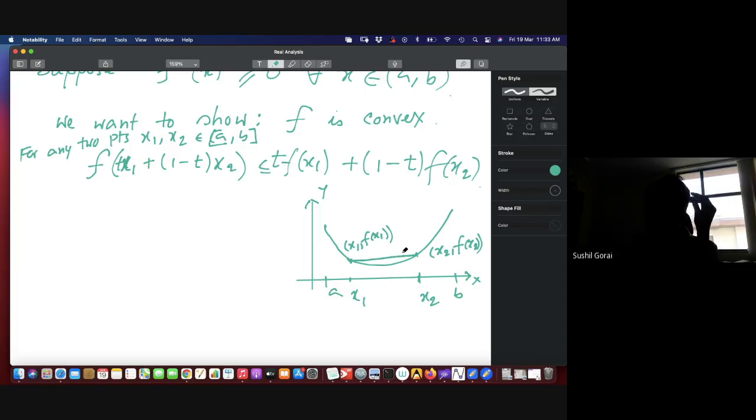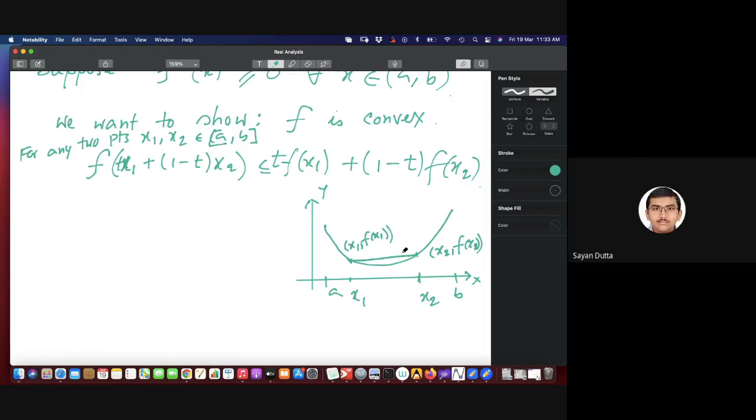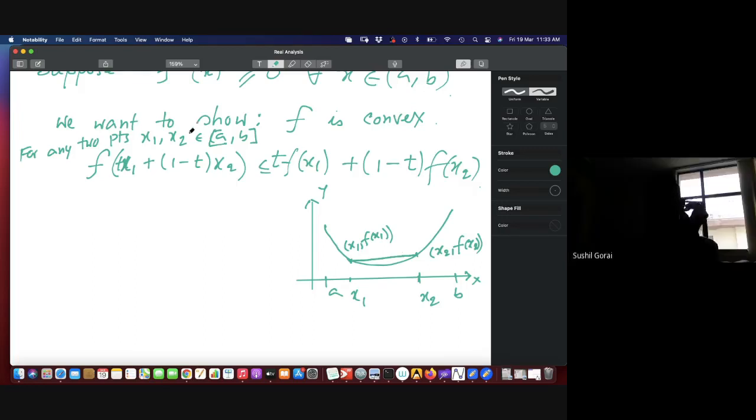This is coordinate geometry, right? What is the equation of the line joining these two? x minus x1 by x2 minus x1 equals y minus f x1 by f x2 minus f x1.